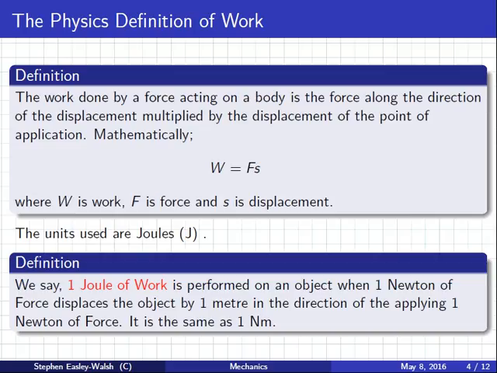It's weird because it should be FD, but in the formula book it's FS. I think the formula book says displacement, but I'm pretty sure it needs to be a distance. But 99% of the time, distance is displacement. Okay. Did you write all of this down? Did you, Lee? Okay.